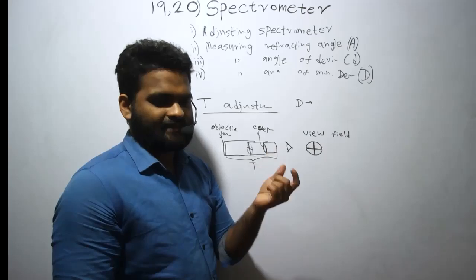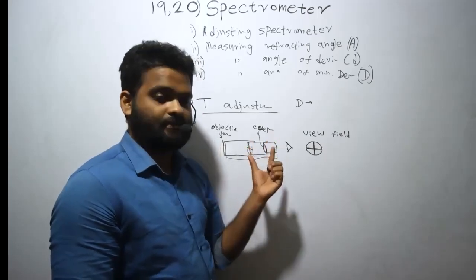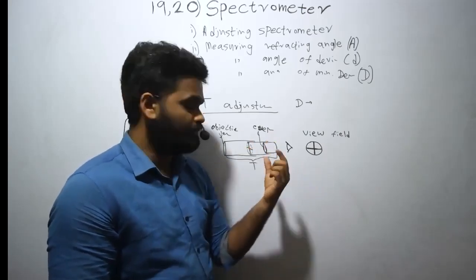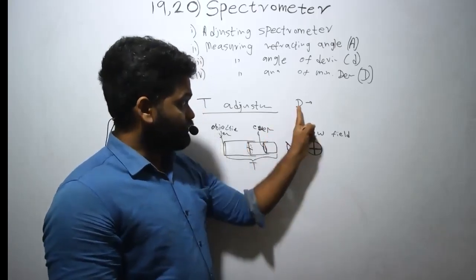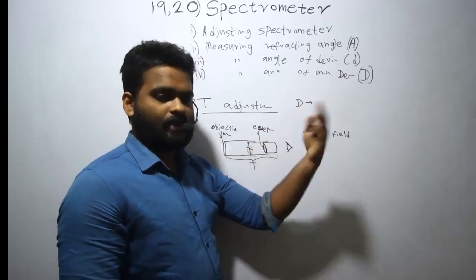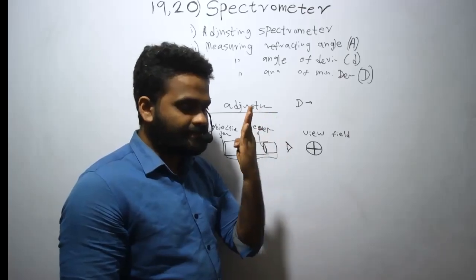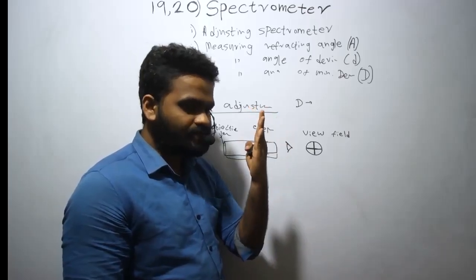If you didn't understand, it doesn't matter. If you have learned optical instruments, you will understand that. The D value is an average value, 25 centimeters, the least distance at which we can observe objects clearly.